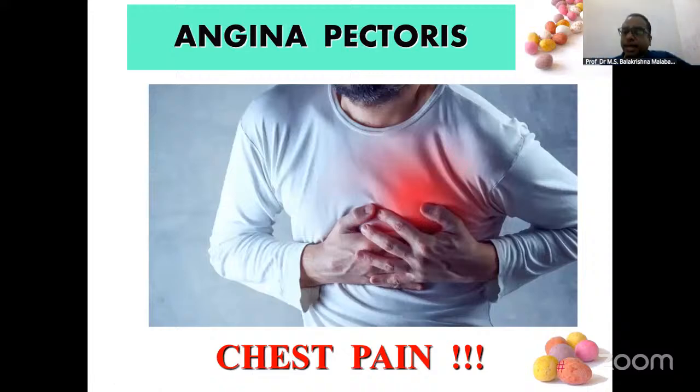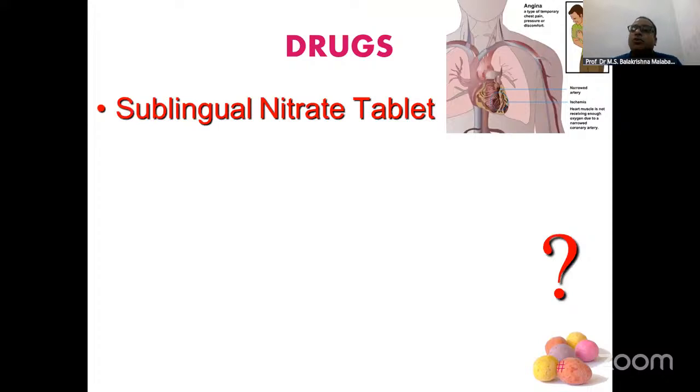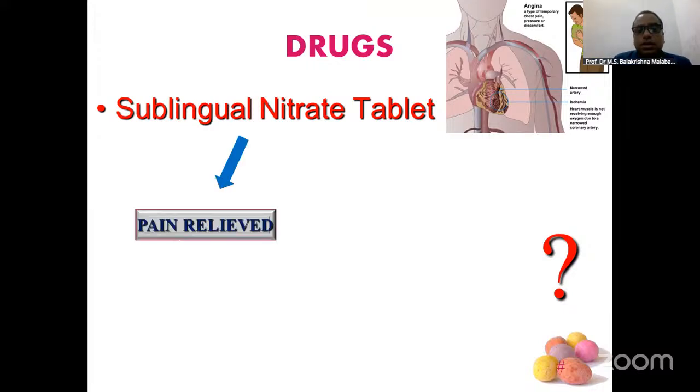So you're doing a case, and suddenly the patient develops chest pain. Okay. So it's not a heart attack, but there is a pain in the chest. What you are going to do, immediately if the patient complains of chest pain, is put a sublingual nitrate tablet below the tongue.